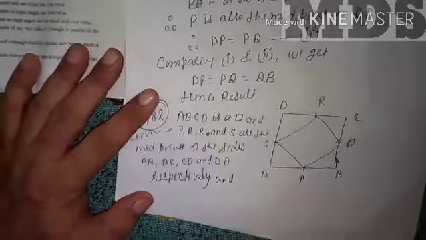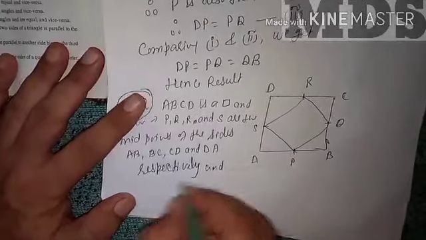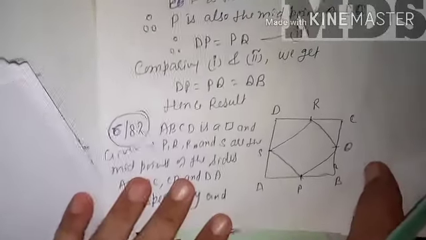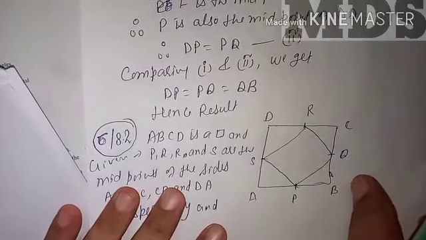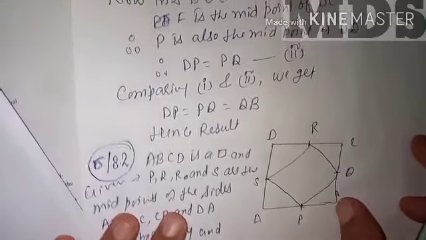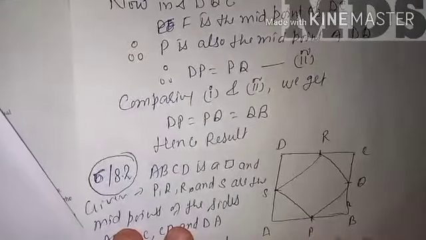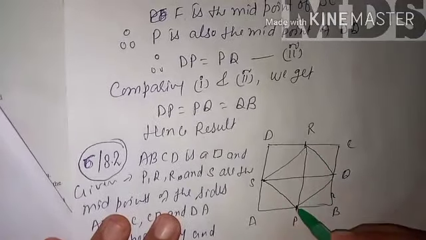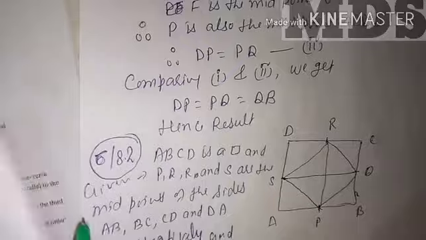Now what to prove? Midpoints of the opposite sides of a quadrilateral bisect each other. This and this bisect. If we can prove it is a parallelogram, then we can say diagonals of a parallelogram bisect each other.